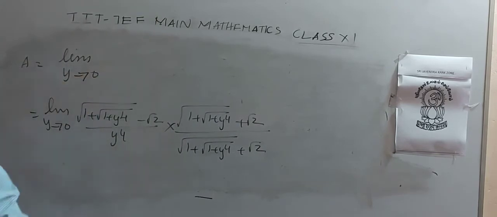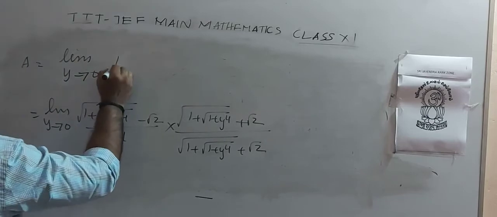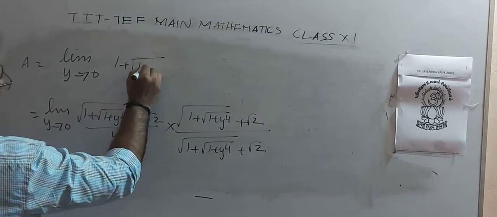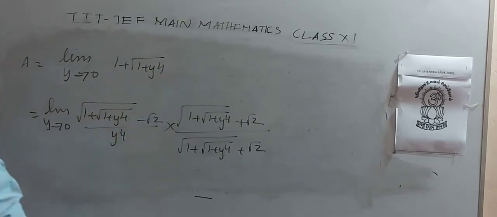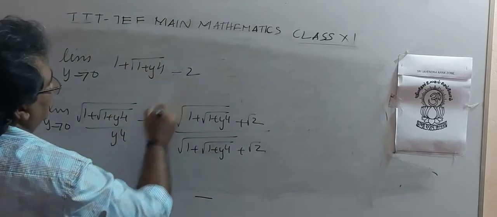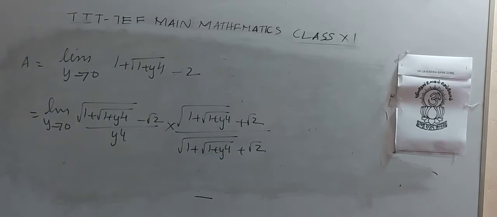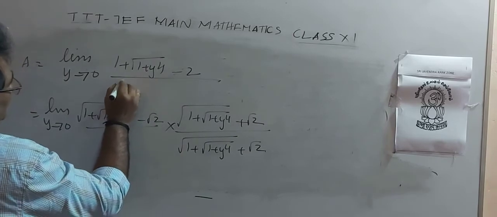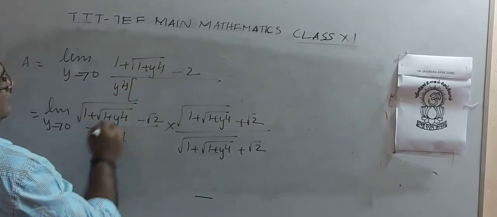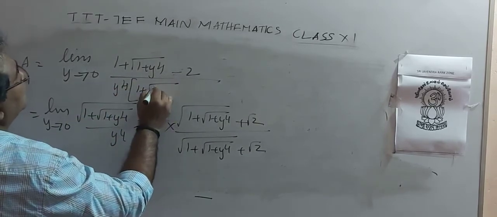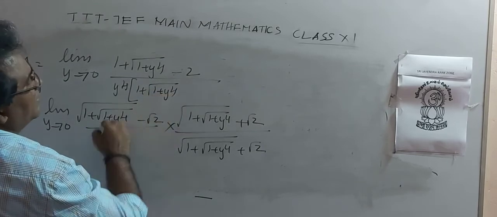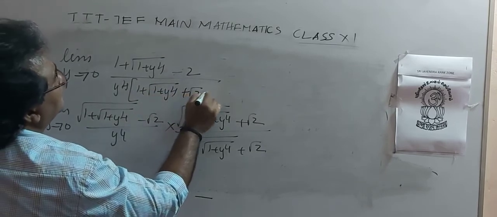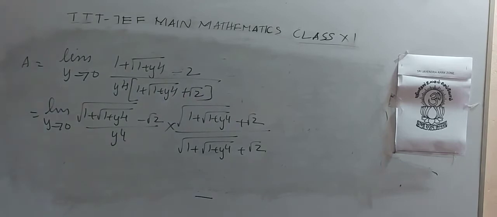Limit y tends to 0, that is a squared minus b squared divided by y power 4 into root of 1 plus y power 4 plus root 2.